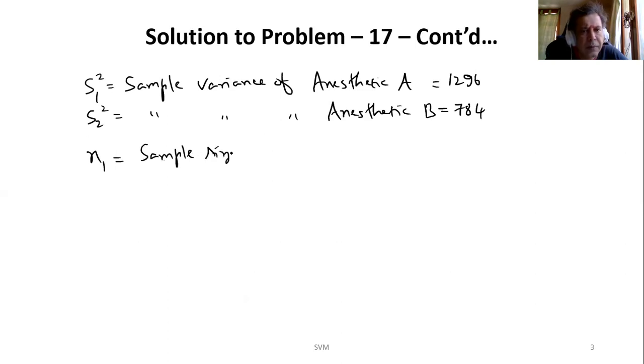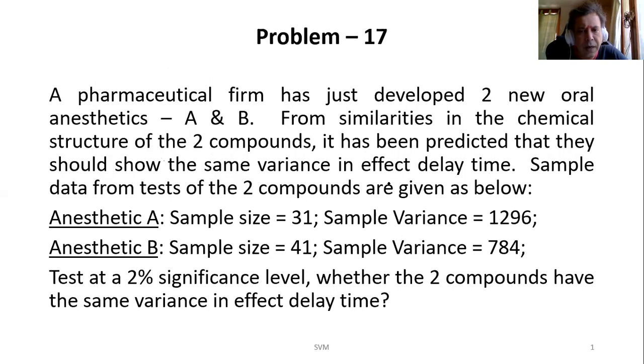And then sample size is also given. N1 is the sample size of anesthetic A, and N2 is the sample size of anesthetic B. So what is given? 31 and 41.